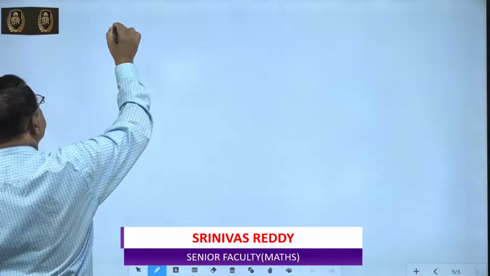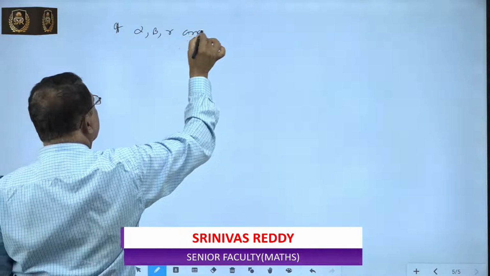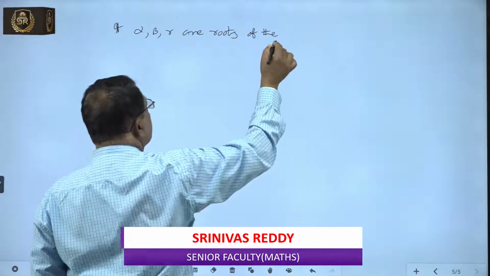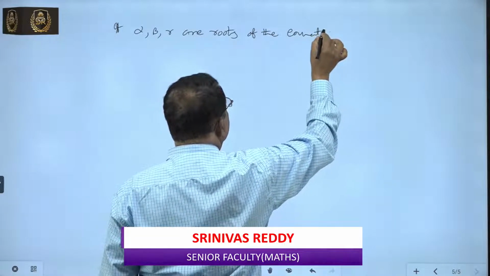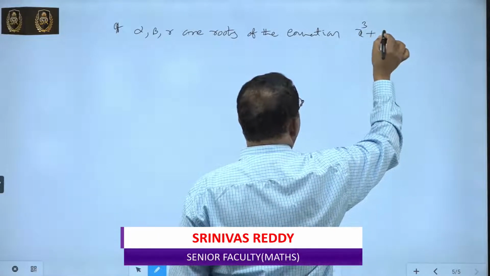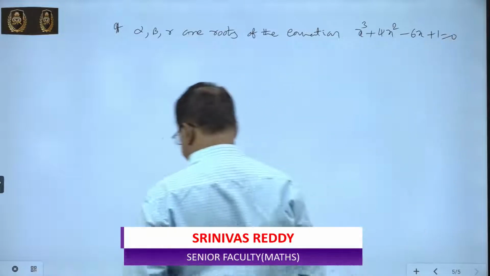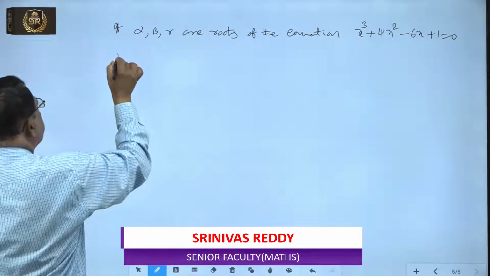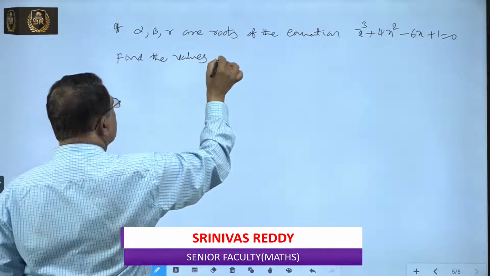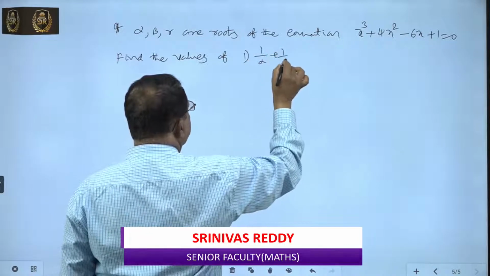Next, if alpha, beta, gamma are roots of the equation x cube plus 4x square minus 6x plus 1 equals 0, find the values of: first, 1 by alpha plus 1 by beta plus 1 by gamma.